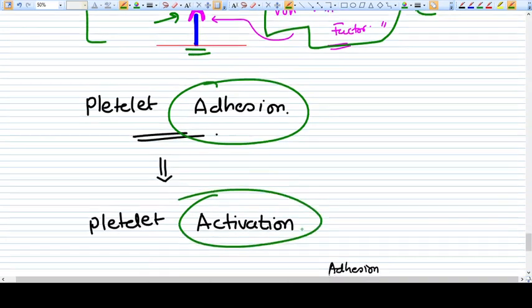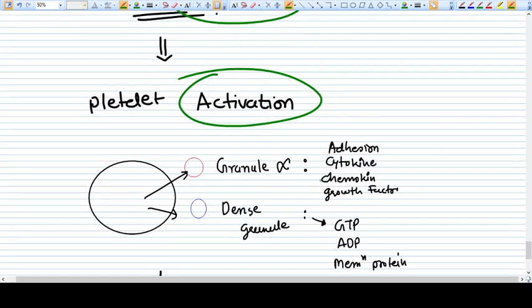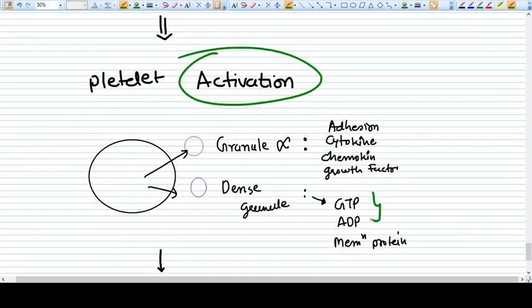And this platelet activation is a very wonderful thing. For example, platelets have various granules in their cytoplasm. The major granules are alpha granules and dense granules. The alpha granule contains adhesion molecules, cytokines, chemokines, growth factors like that. And dense granules contain GTP, ADP, nucleotides, membrane proteins, and other factors.